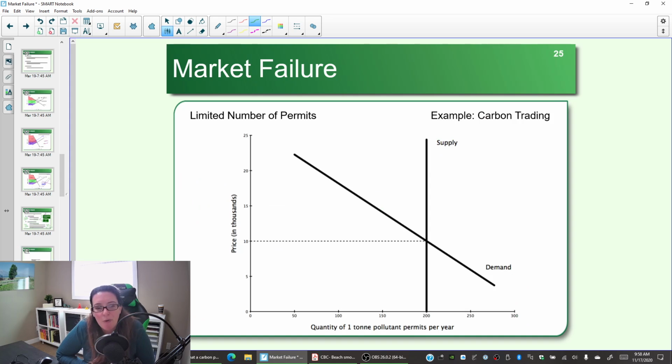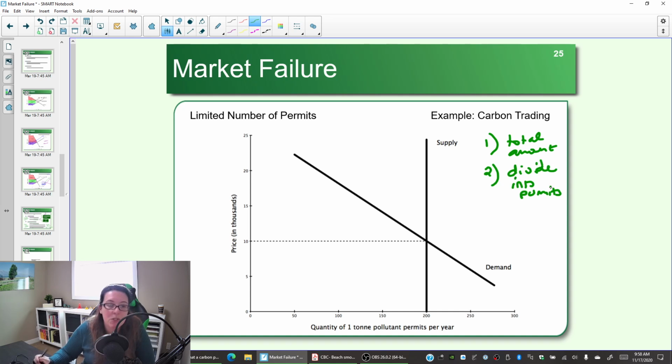But if we walk through the carbon trading or cap and trade process, the way that it works is step one is that there's a total amount of pollution allowed. So we set a total amount that all collectively we're going to stay under. And the next piece is that we take that total amount and we divide it into permits.